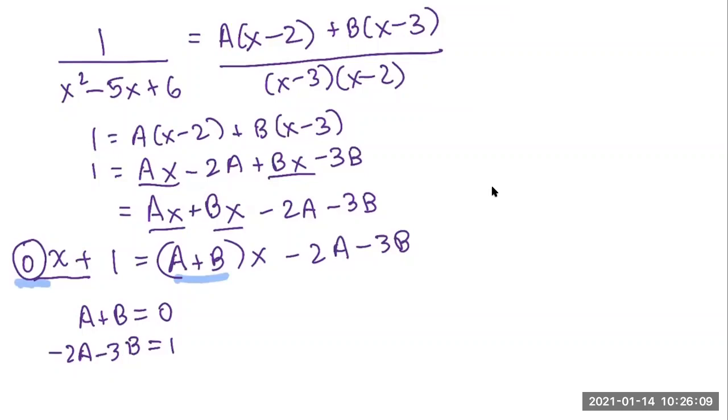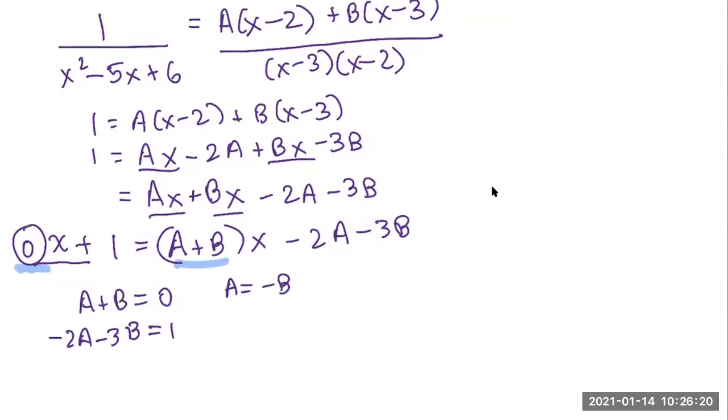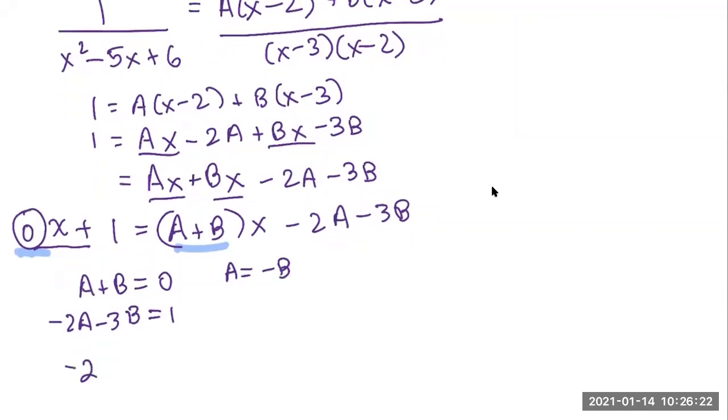Okay, so some of you said elimination, some of you said substitution, either one. So let's say you set a equal to negative b to use substitution, then we would have negative 2 times negative b minus 3b equals 1.